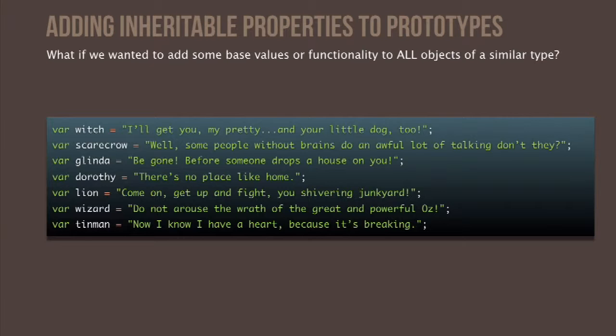For example, in these strings, if we wanted to know the amount of A's, we could see that Witch would have 1, Scarecrow 4, Glinda 1, Dorothy 1, Lion has 2, the Wizard has 4, and the Tin Man has 5. Additionally, if we wanted to know how many E's were in these strings, we would get 3, 5, 7, 4, 3, 5, 5 in order for those strings.